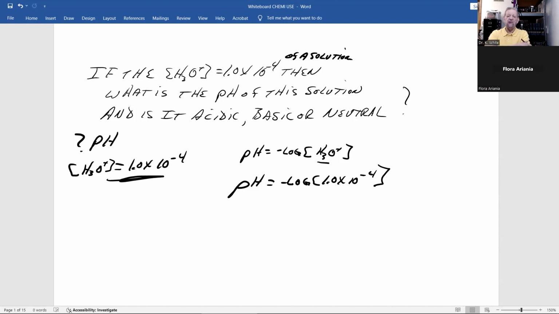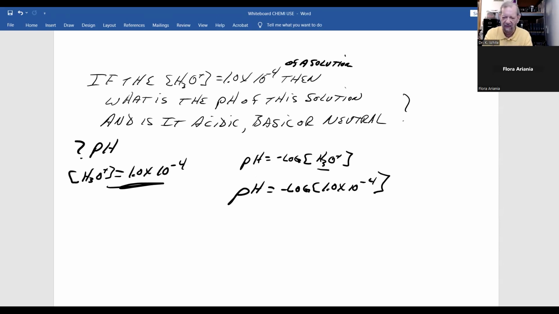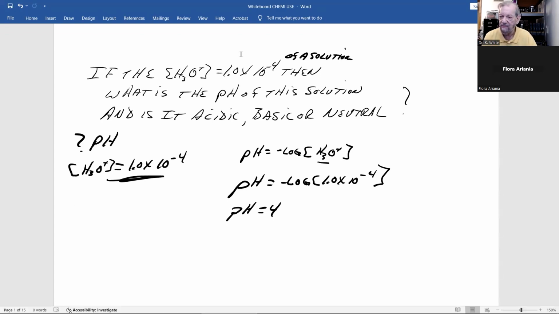When that number is 1.0 times 10 to the minus X, which in this case X is 4, we know the pH is equal to X. In this case, X is 4. So the answer, first of all, the pH of this solution is 4. And the next question is, is it acidic, basic, or neutral? And you should know, hint, this.